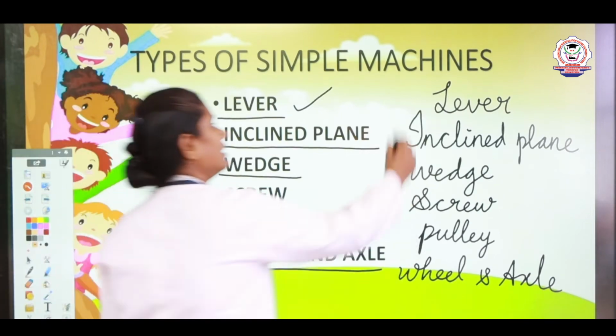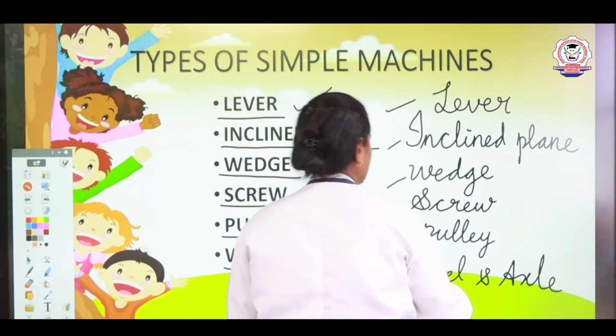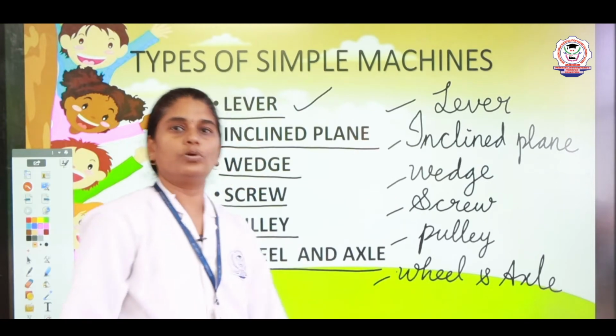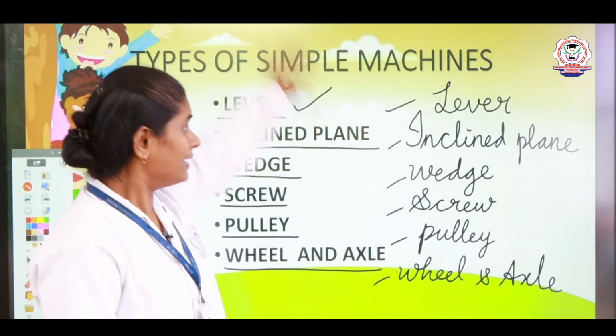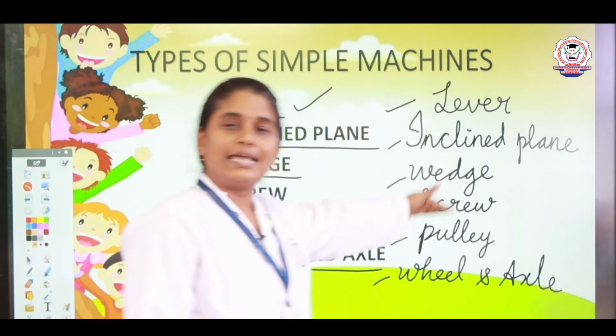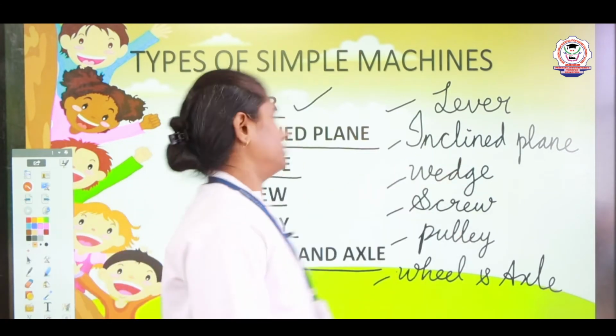These are all the 6 types of simple machines. Now let us see in detail about these types of simple machines.